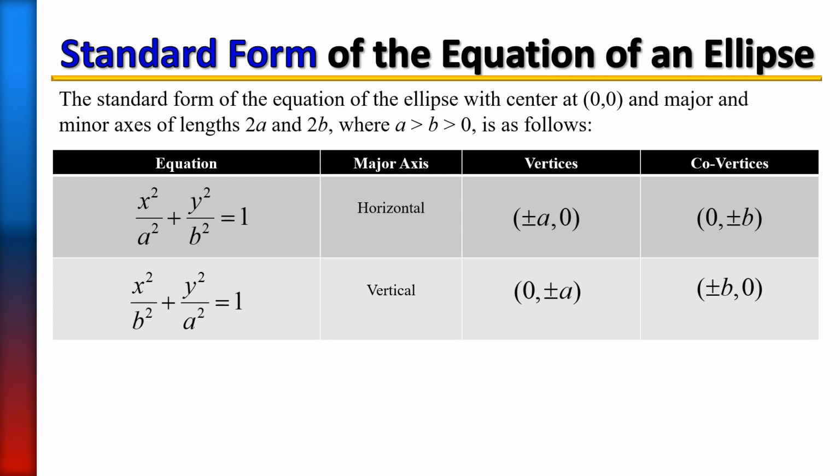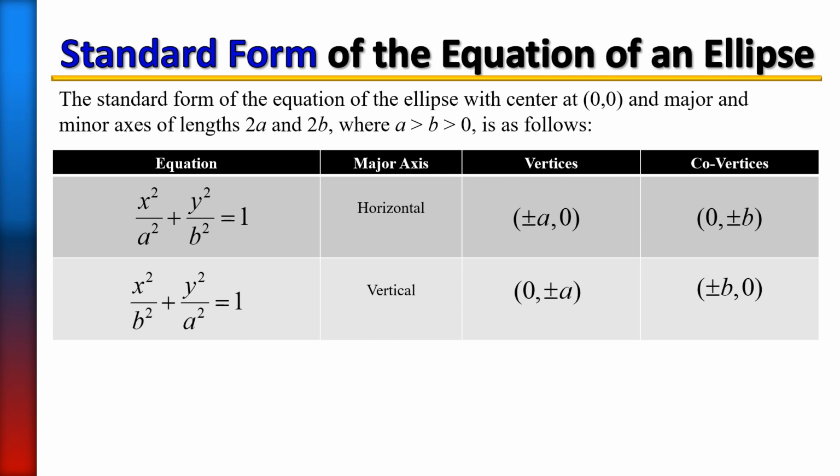That's the horizontal major axis with vertices at plus or minus a, 0, and covertices at 0, plus or minus b. The other equation is x squared over b squared plus y squared over a squared equals 1. That is a vertical major axis with vertices at 0, plus or minus a, and covertices at plus or minus b, 0.